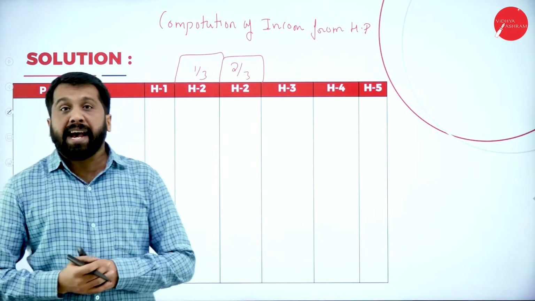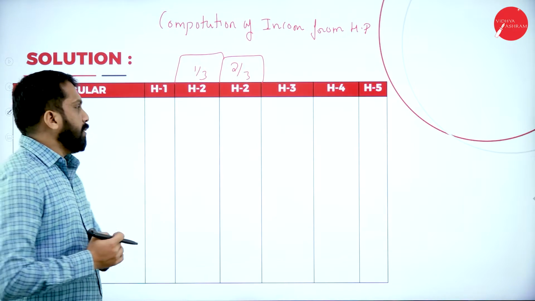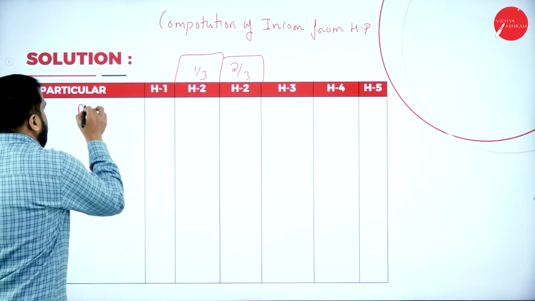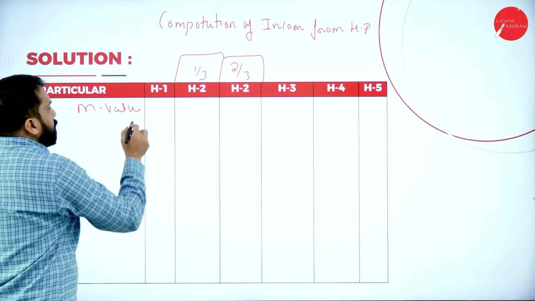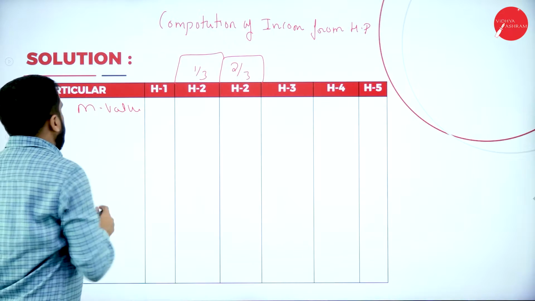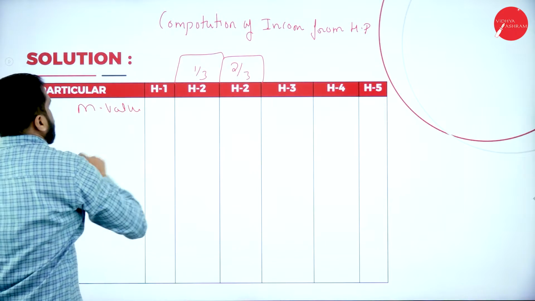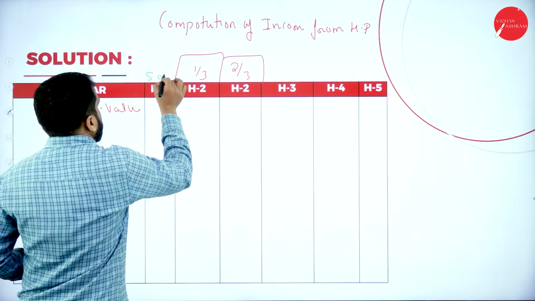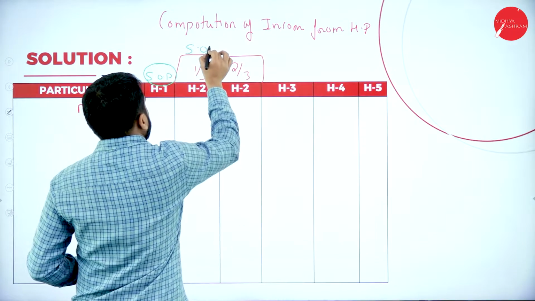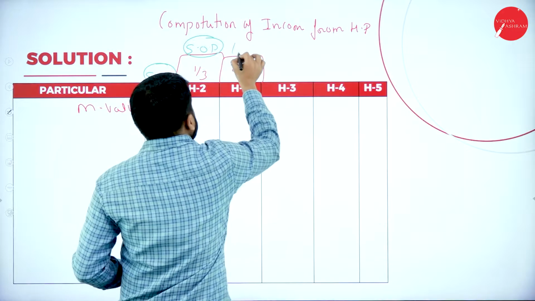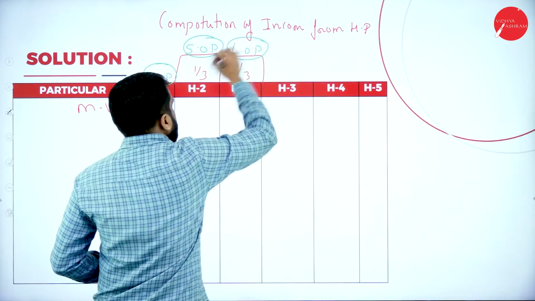So in this they have given municipal value. Now municipal value. First one is what? Self-occupied. I'll write down here. First one is self-occupied property. Second one, this is self-occupied property. This is let out property.